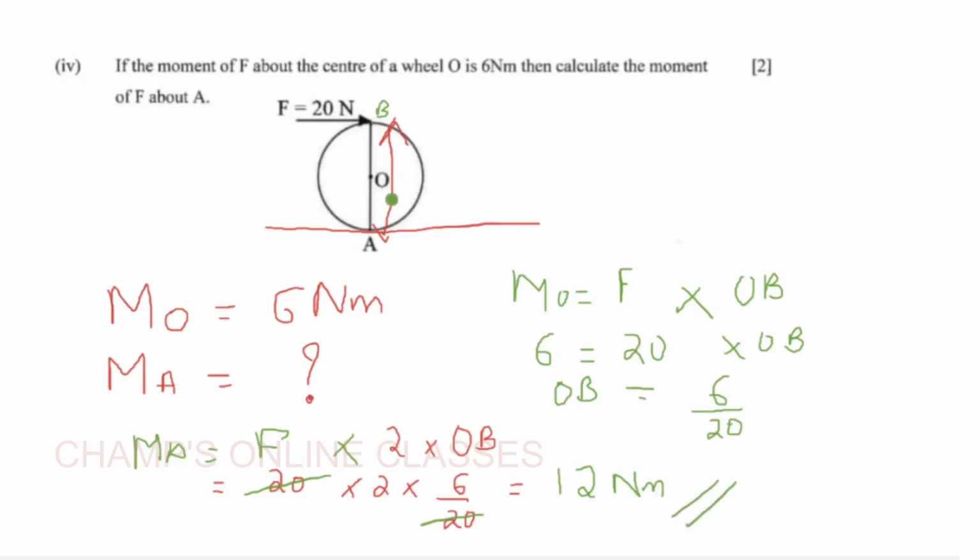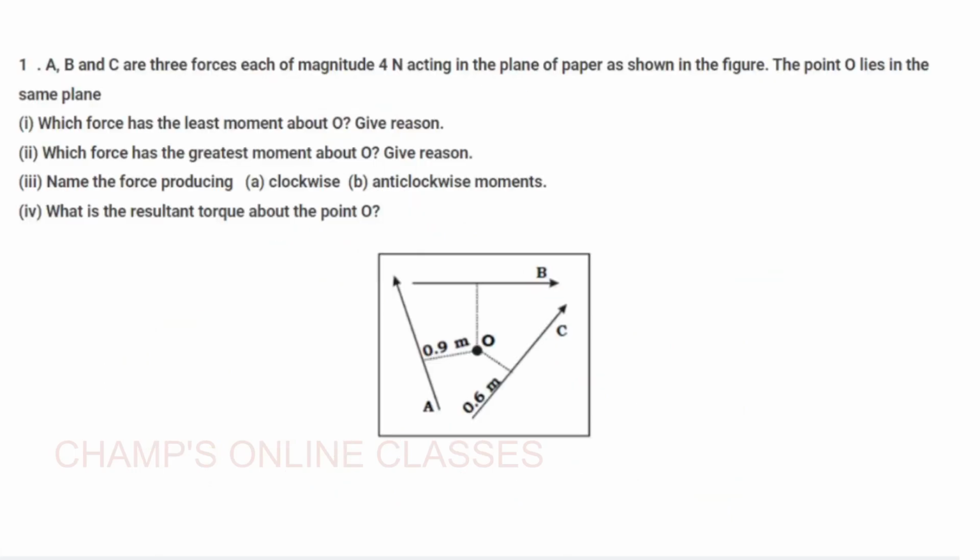So the moment produced about A with the same force 20 Newton is 12 Newton meter. If it is an MCQ, you can directly calculate that the same force will produce double moment if the distance has been doubled. Okay, that was the last question for this video.